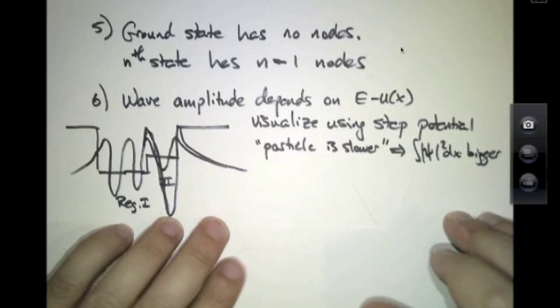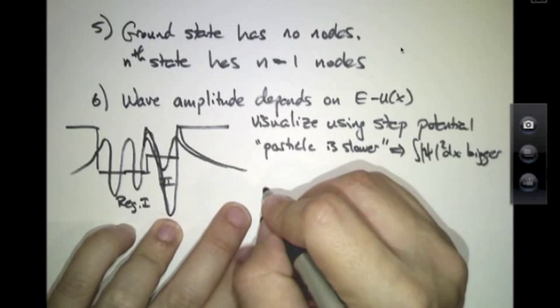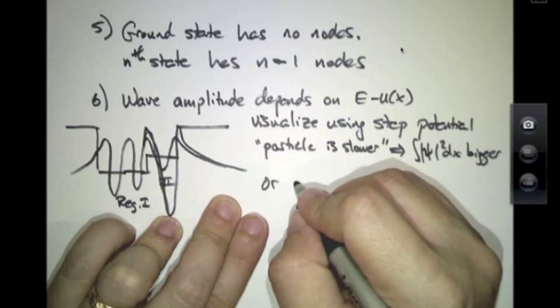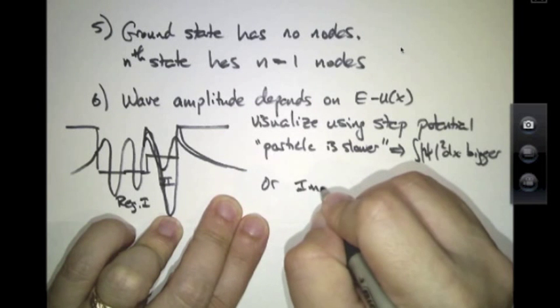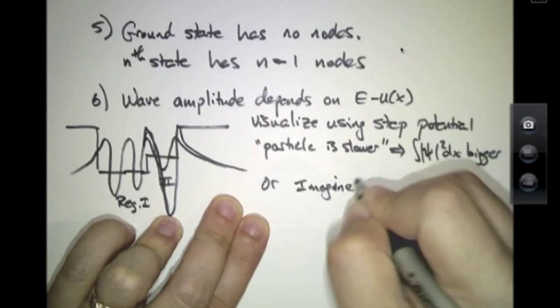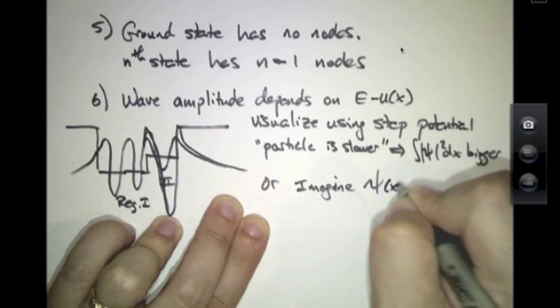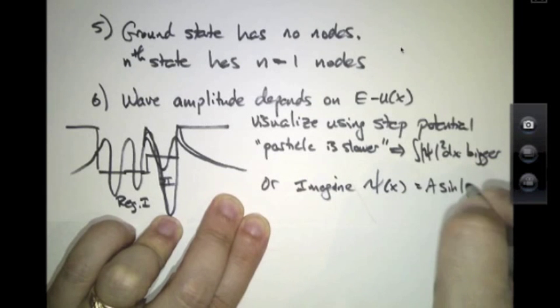Another way to think about this is to imagine that psi of x looks something like a times sine kx.